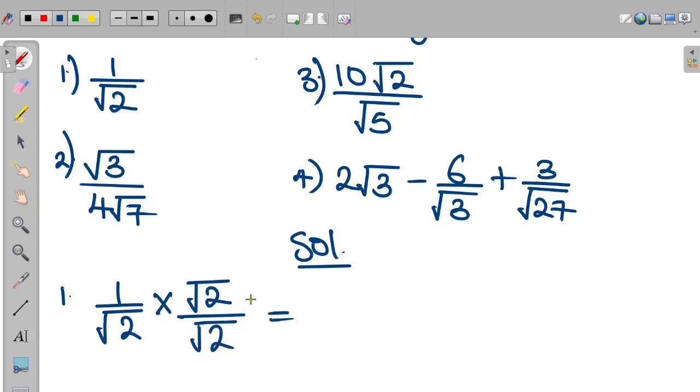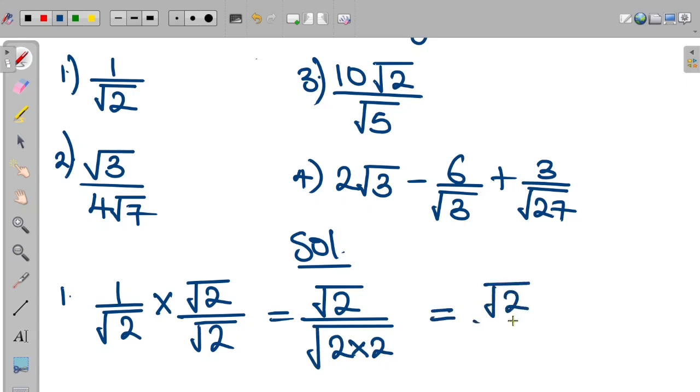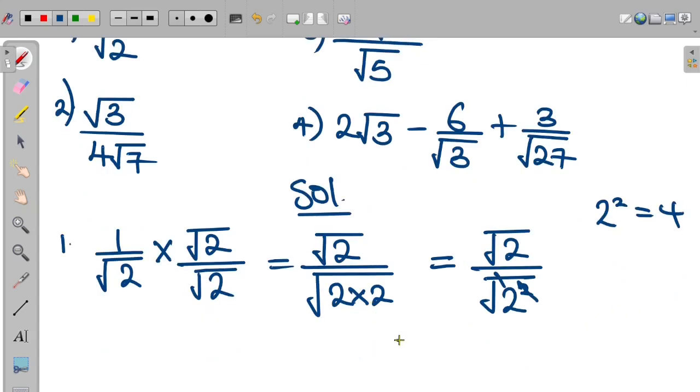At this point, 1 times root 2 is root 2, divided by root 2 times root 2, which gives us root of 2 times 2. So this becomes root 2 divided by root of 2 squared, because 2 times 2 is 4 and 2 squared is equal to 4. Therefore, the square will cancel out the root. Now we are left with root 2 divided by 2.